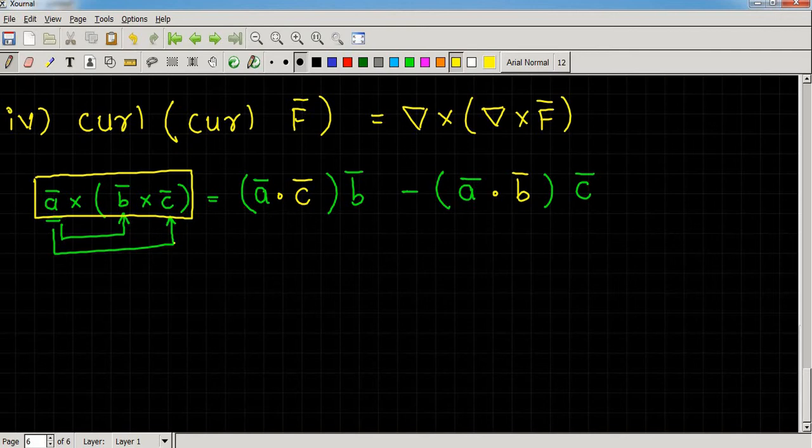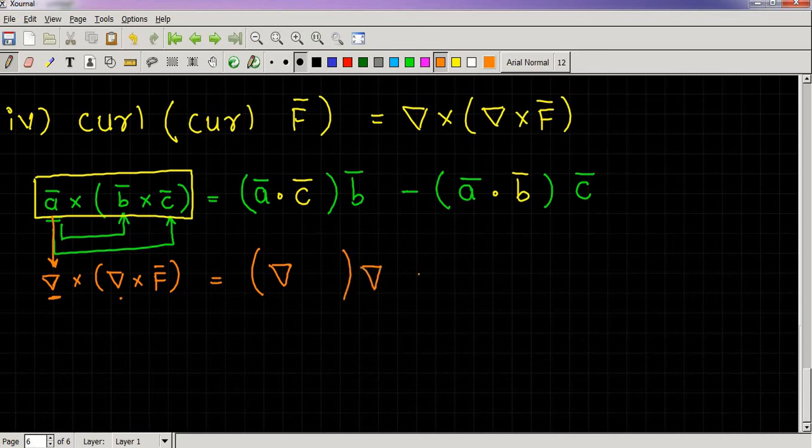Or you can remember this rule by any other means as well. So we apply this formula. We call a bar as del, b bar as del, and c bar is our vector point function f bar. First vector is kept outside the bracket. Since this is an operator which is to be operated on something, we keep this del outside and take dot product with f bar, minus del dot del f bar.